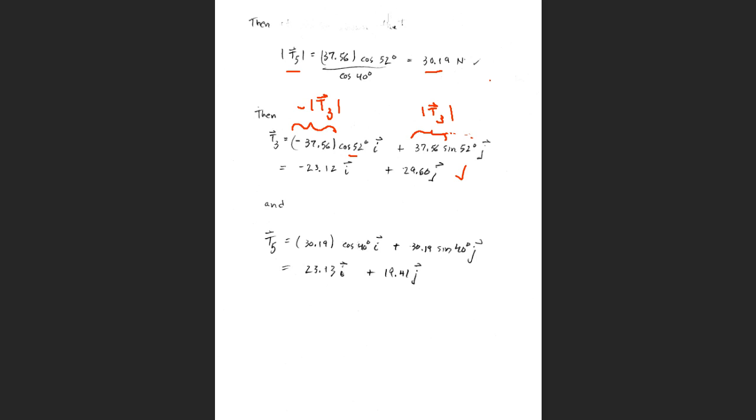So you get your components for that tension vector T3. And then similarly, for the T5 vector, you get that. So now you know exactly what those tension vectors are. You know their components.